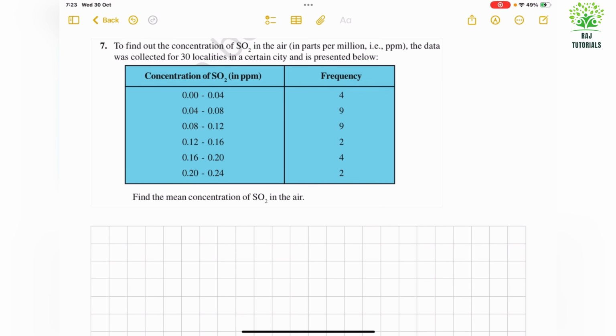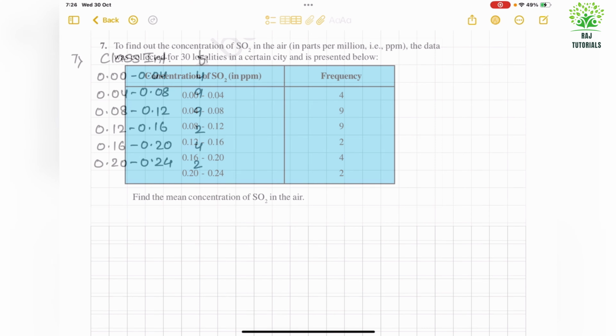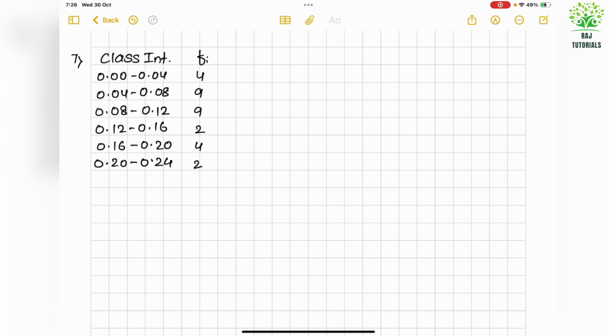Now the 7th question says to find out the concentration of SO2 in the air in parts per million, i.e. ppm. The data was collected for 30 localities in a certain city and is presented below. Find the mean concentration of SO2 in the air. So first of all I have arranged the class interval and fi.